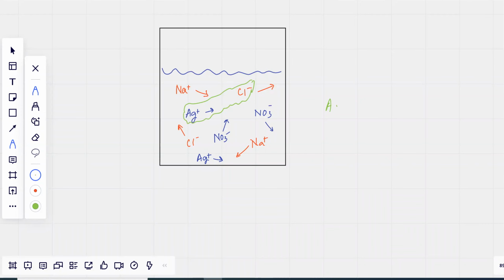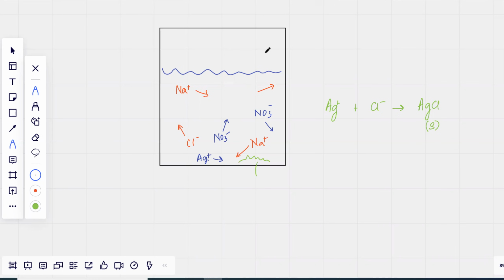So the Ag plus ions from silver nitrate and the Cl ions from NaCl might combine to form AgCl, and this AgCl is insoluble. If you remember, chlorides are all soluble except for silver, lead and mercury. So your silver ions and your chloride ions would start forming a precipitate.